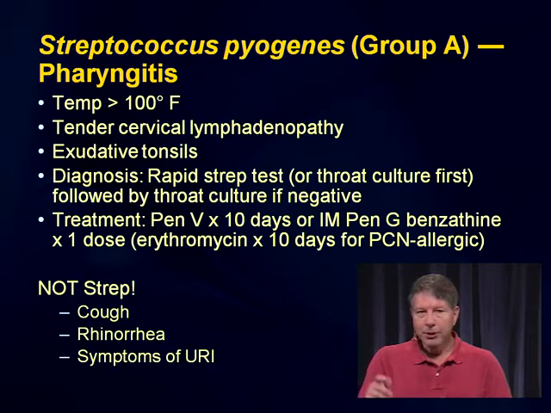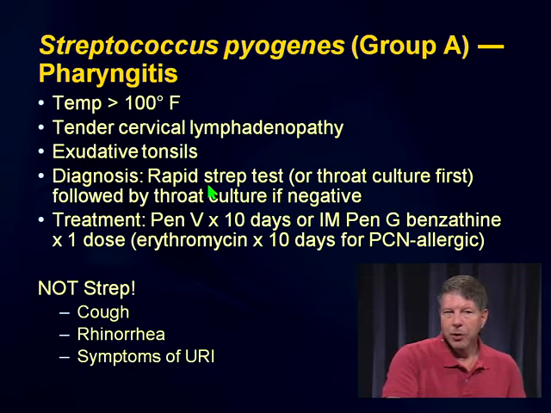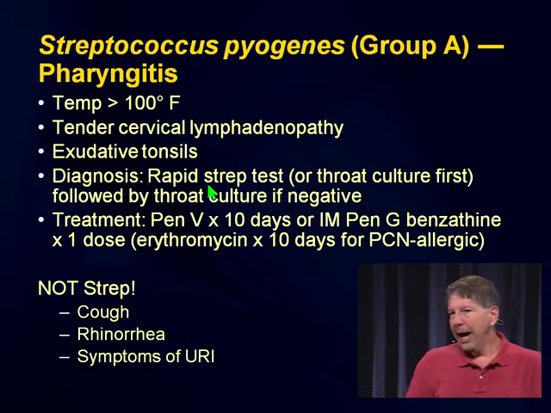So you go for the rapid strep first, and then the recommendations in pediatrics are you still go ahead and get a throat culture if it's negative. Okay, the reason is because the pretest probability that this is strep is very high. And so the reasoning is even though the strep test may say it's negative, you still have a high enough suspicion. You want to make absolutely sure it's not there, and so you do a culture.